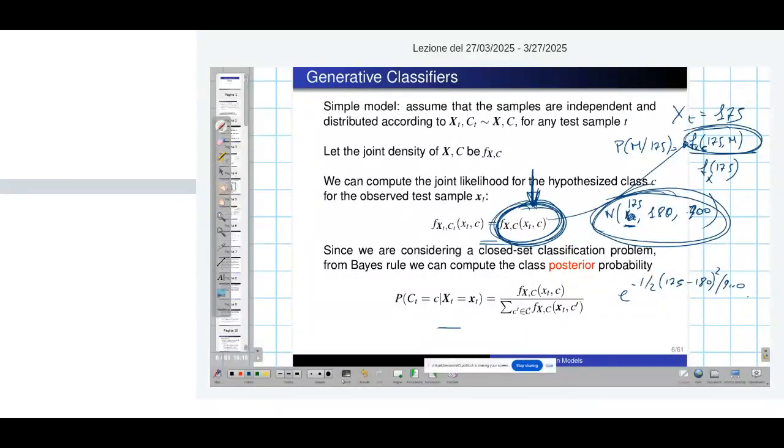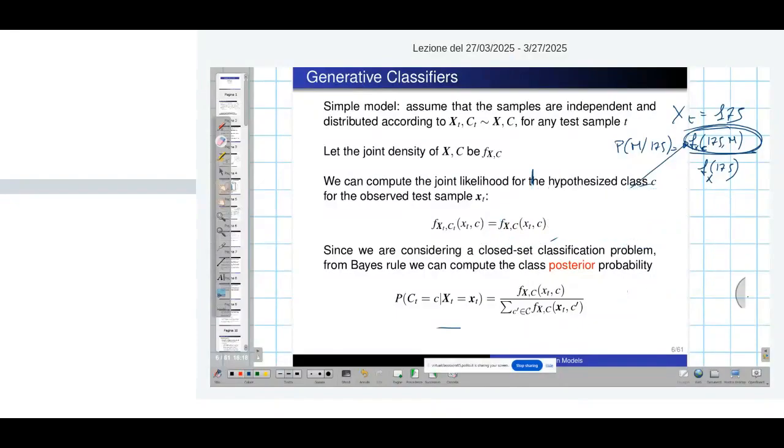The denominator is easy. If I give you a model for this that works for all classes, then to compute the solution for the female class, I need to compute this expression. Now, how do I compute this? This is the marginal of the joint with respect to the class.